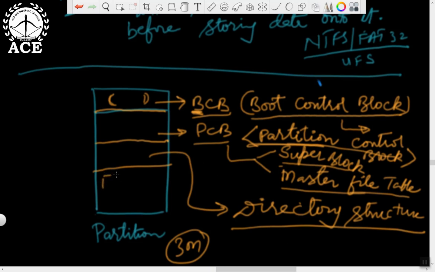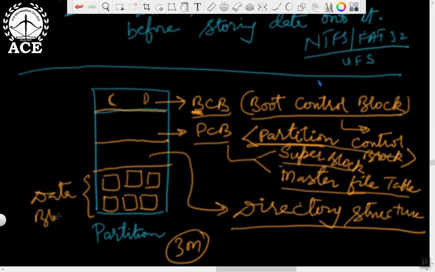Now the last part is called data blocks. So the data of the files are kept here. Every partition of the disk will have this. So what is this portion? Data blocks. So file is, if you remember in my earlier discussion, one of the important file attributes I said blocks in use. So these blocks are the thing. So these blocks are allocated to the file for storing the data. This is the general structure. So it has 2 parts.